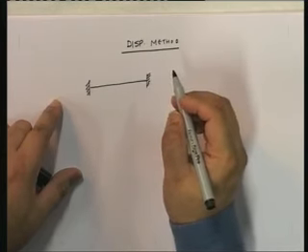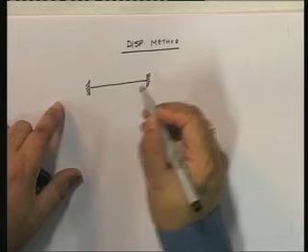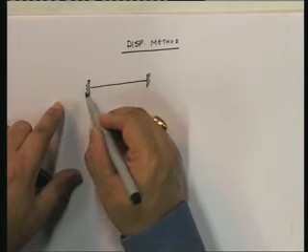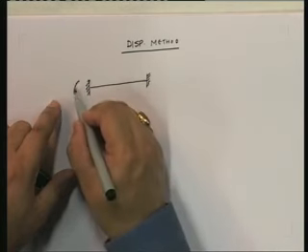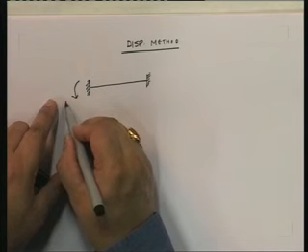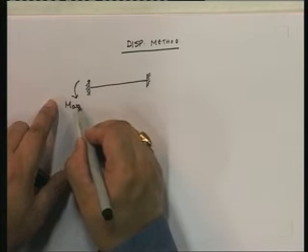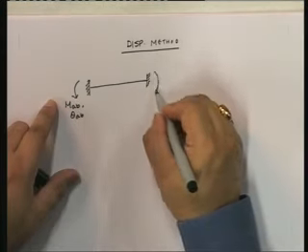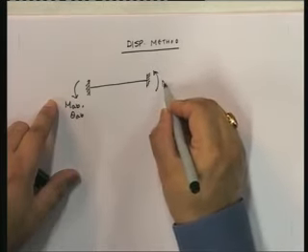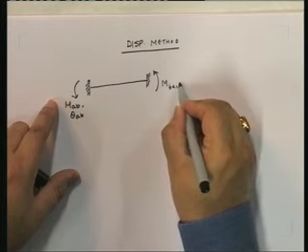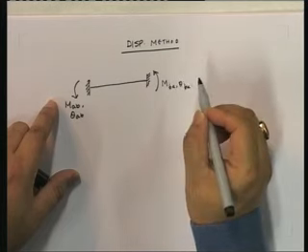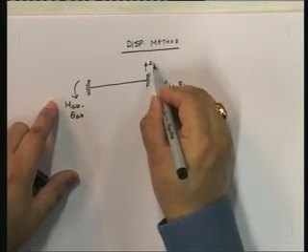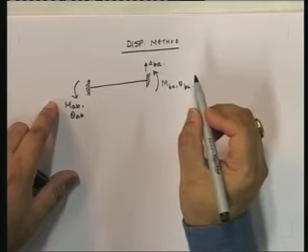This is our structure, with the moments M AB and M BA, the rotations theta AB and theta BA, and also the displacement delta BA.